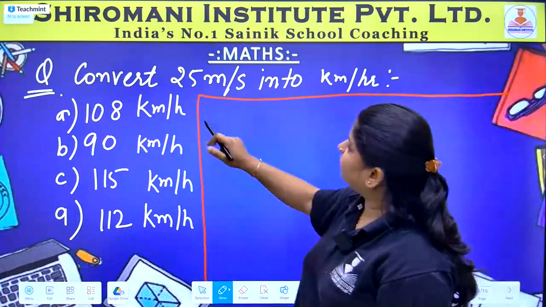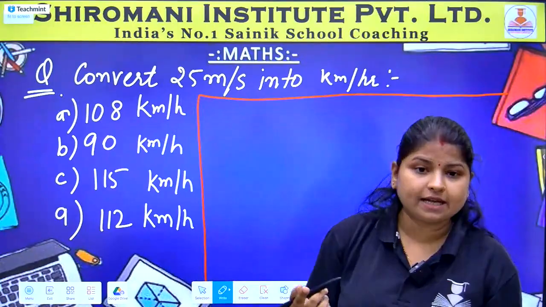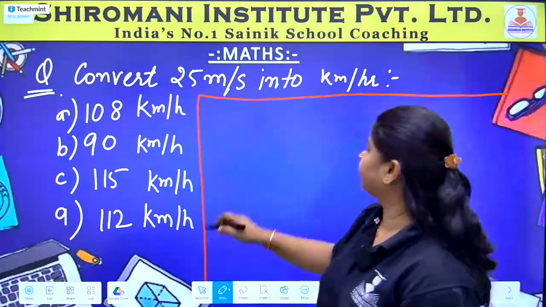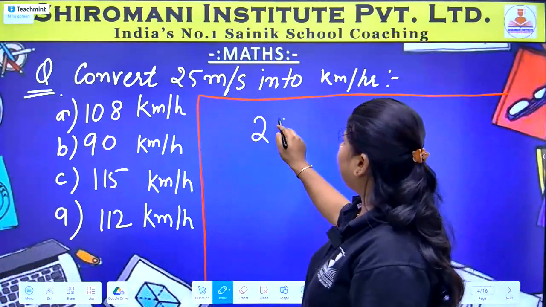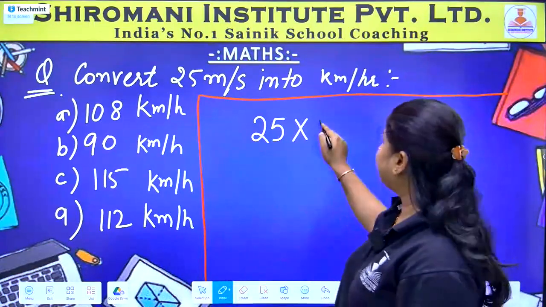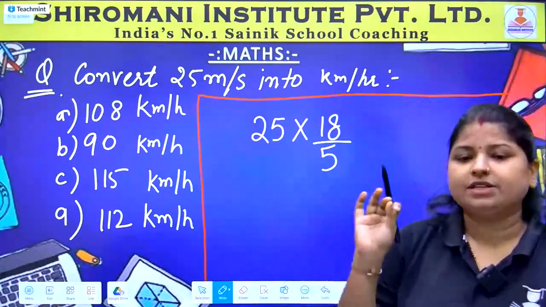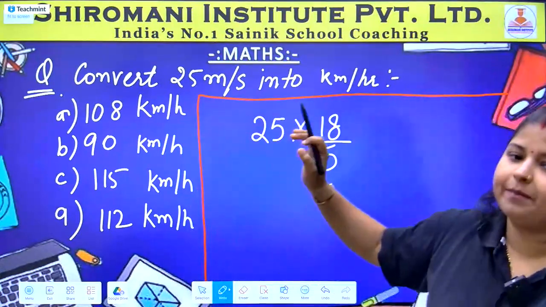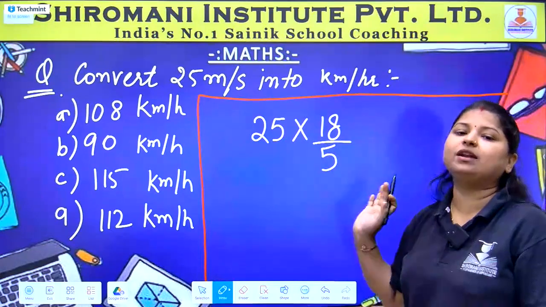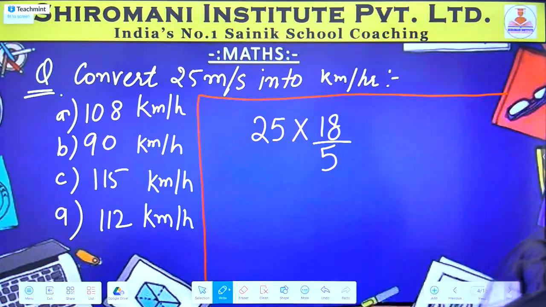We have to convert this 25 meter per second into kilometer per hour, right? So what I have to do? Just multiply this 25 by 18 upon 5. Nothing you have to do. Just multiply the given number by 18 upon 5 in order to convert into kilometer per hour.